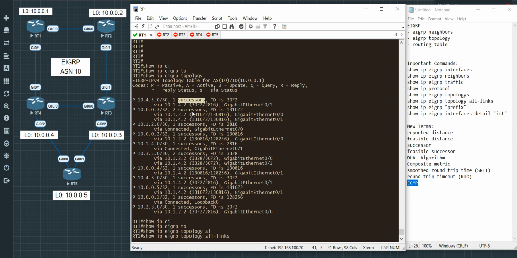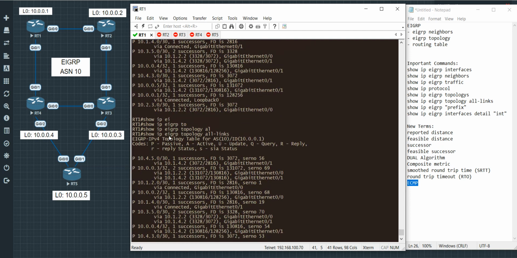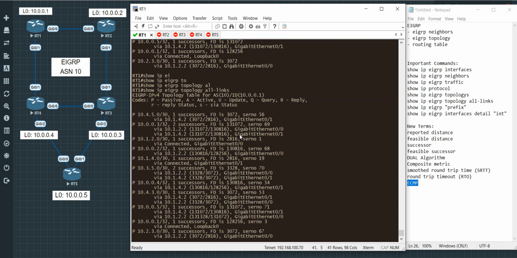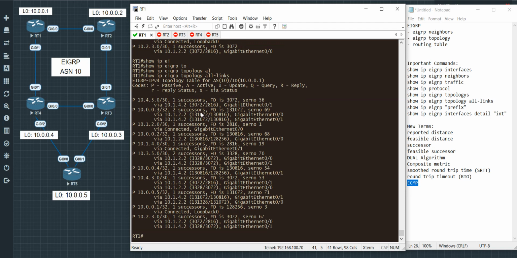Those are two of the terms that we're going to be looking at and discussing as well. Whenever you run the command show ip eigrp topology all-links, it shows all the routes, including the successors and feasible successors and any other routes that it knows to get to a specific destination.